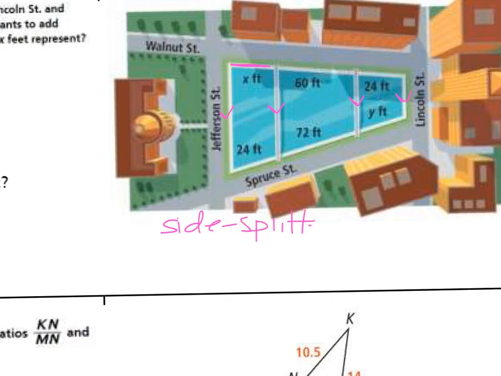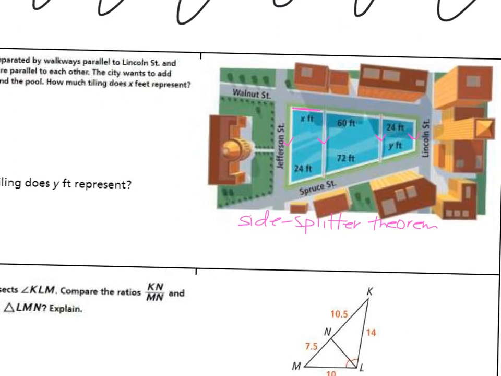Now technically this isn't a triangle, but we are comparing those parallel sides. So if we were to extend this up in both directions, we would form that triangle shape. So we can still apply the side splitter theorem in this shape that kind of looks like a trapezoid, to be honest. All right, so if we think about how we could set this up, I'm going to zoom back out so I get a little bit more room on my paper.